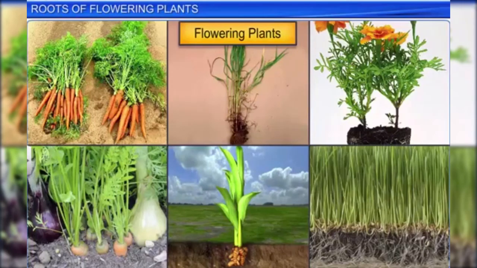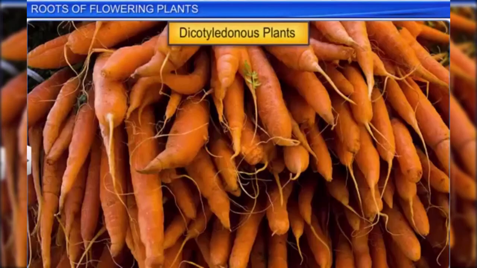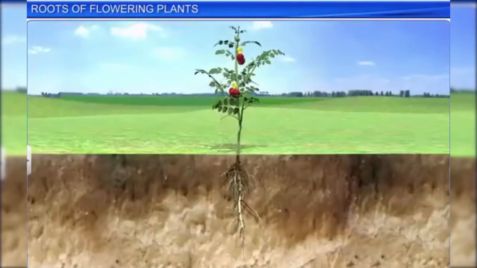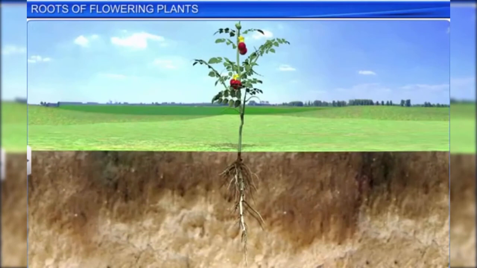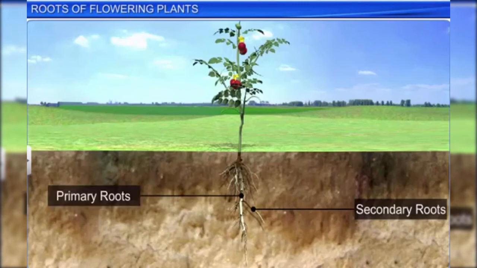There are various kinds of roots in flowering plants. In dicotyledonous plants like mustard, radish and carrot, the embryonic root or radicle grows into the soil to form the primary root. Multiple lateral roots, called secondary roots, emerge from the primary root. These secondary roots further branch into tertiary roots.